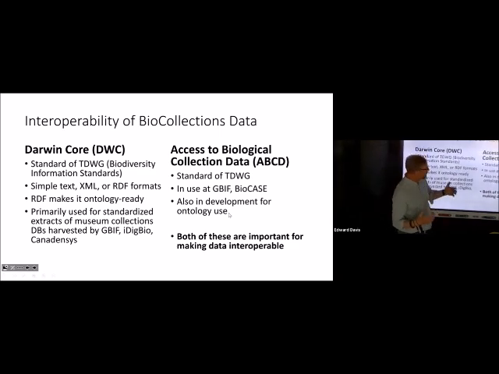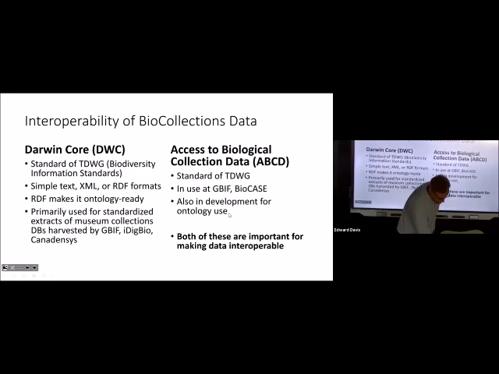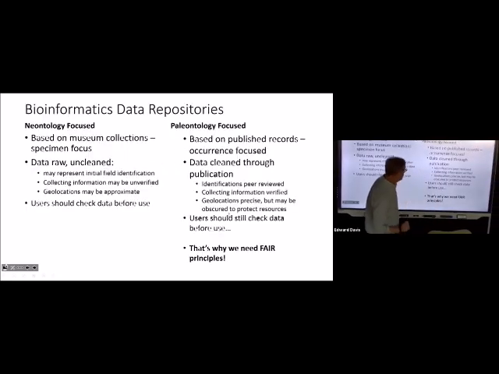So they're using this as the structure underlying those actual databases, as opposed to Darwin Core, which is more of a structure that you use to repackage data so that it's readable. You could think of this as more like a standard architecture, and this is more like the adapter that takes you from the North American plug to the European plug. Both of these are important for making data interoperable.